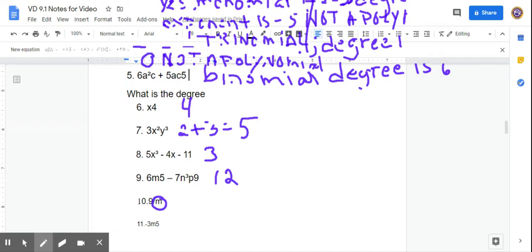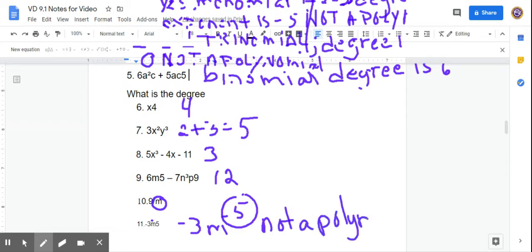And negative 3m to the negative fifth power, well, we can't have negative exponents, so no degree. Not a polynomial.